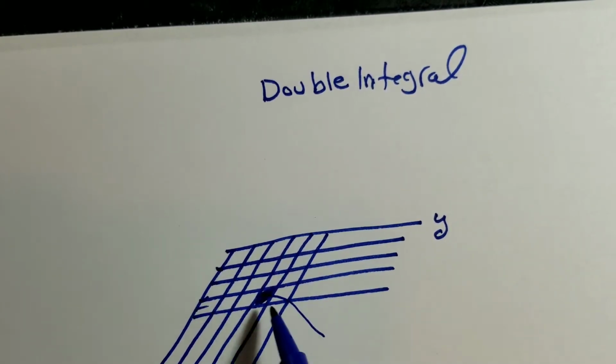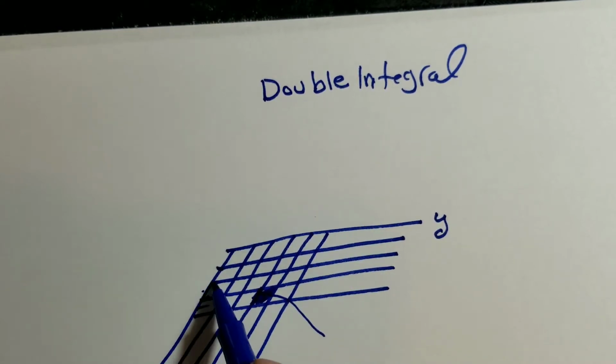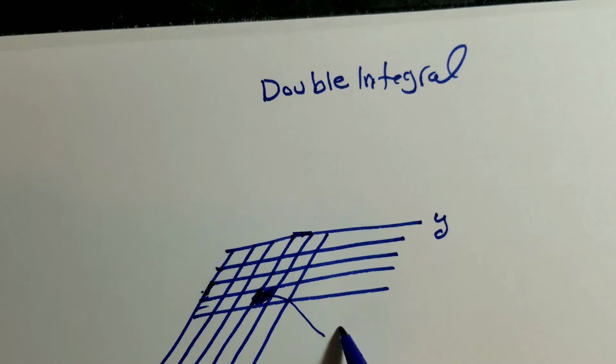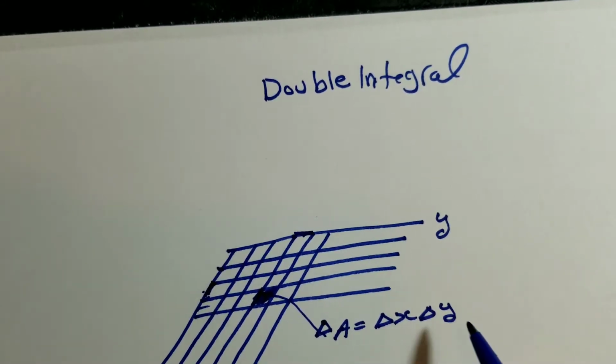You're going to call this one your dx, and that's your dy, and you say the area of one representative is delta x times delta y.